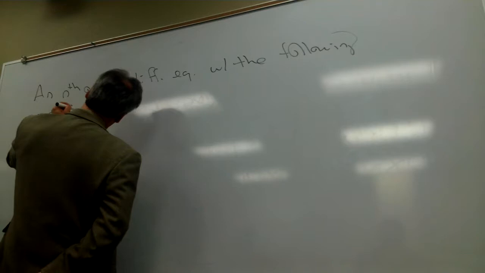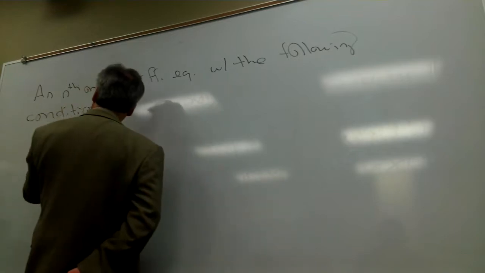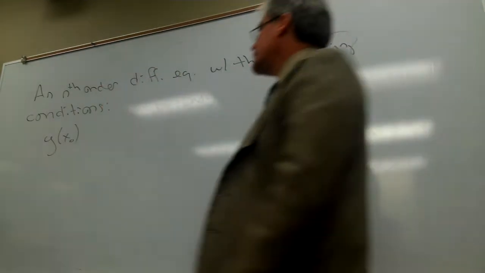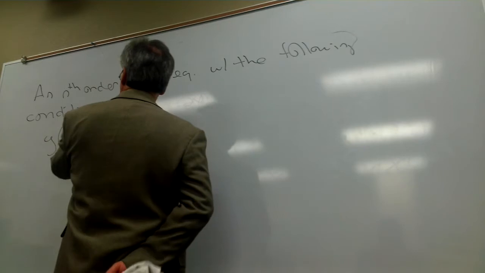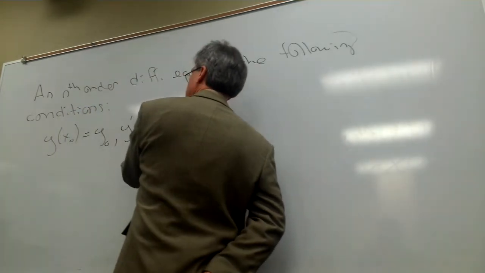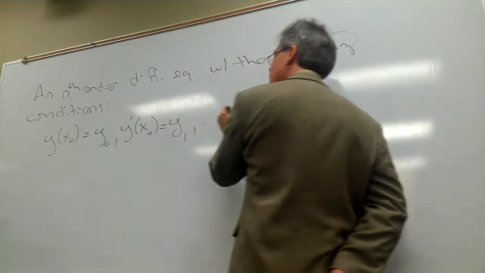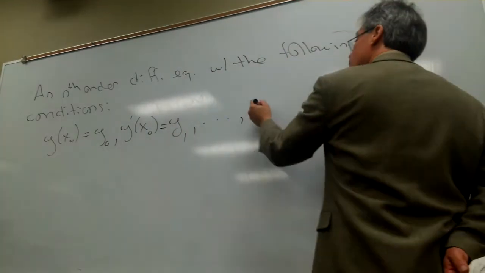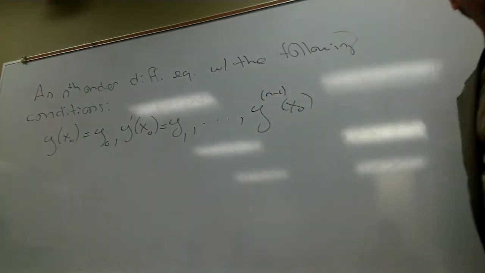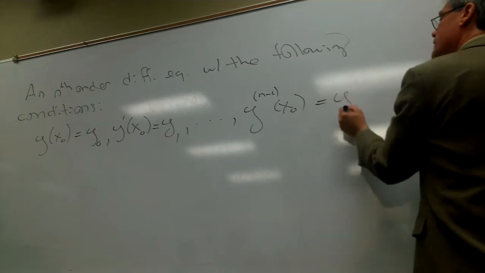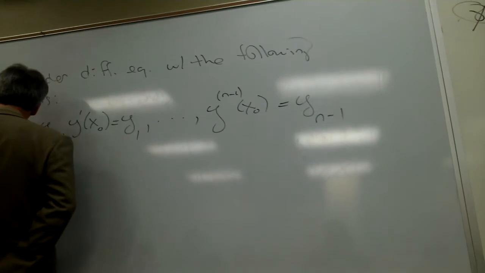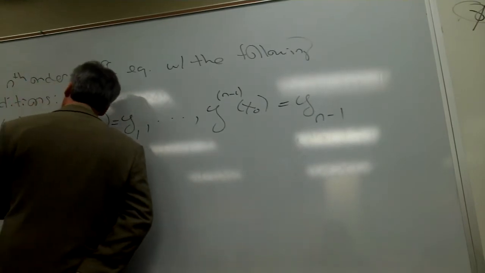Namely that y evaluated at some value of x, call it x sub naught, is equal to, how about y sub naught? And y prime evaluated at x sub naught is equal to something else, I'll call it y sub 1, all the way down to an nth equation, which would involve the n minus first derivative of y evaluated at x sub naught, equal to something else. How about y sub n minus 1? It's called an initial value problem.